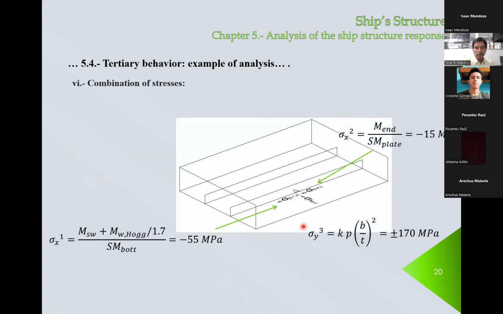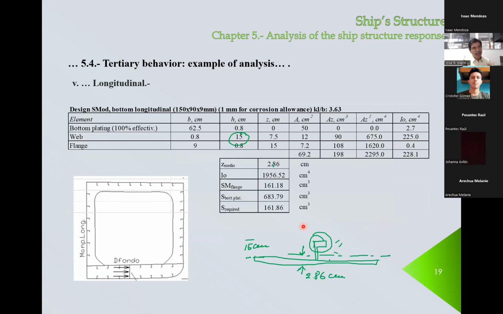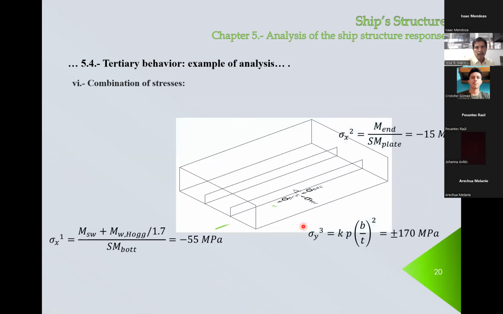Then the last step that we're going to take is to do a combination of stresses. The animation included a fake, I'm sorry. This is a simplified version of the structure.